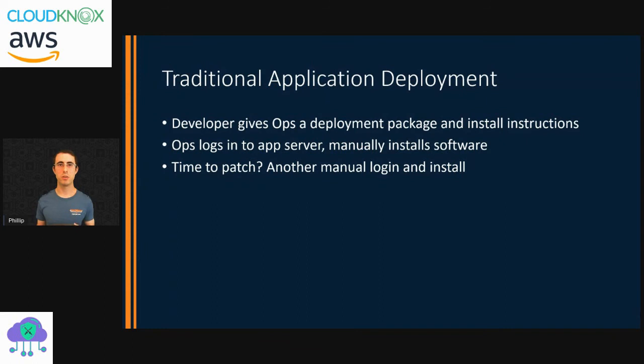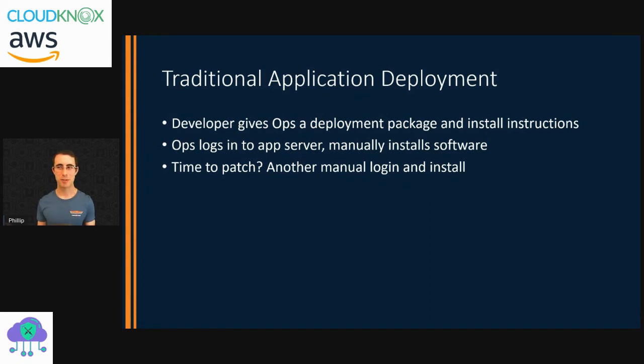So what does it look like to do a traditional application deployment from that employee's point of view? Developers give ops a deployment package and hopefully some install instructions. And then ops logs into the app server through the bastion host and manually installs the software. Pretty simple.